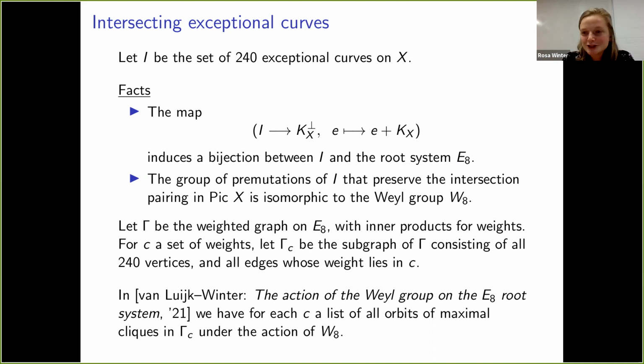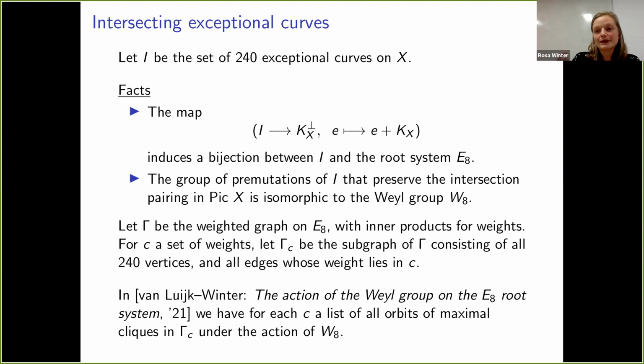As a result, one of the things in this paper is that for each C, so for each subset of the possible weights that can occur, we have a list of all orbits of maximal cliques in this graph gamma C, orbits under the action of the Weyl group. By clique, I just mean a fully connected subgraph.